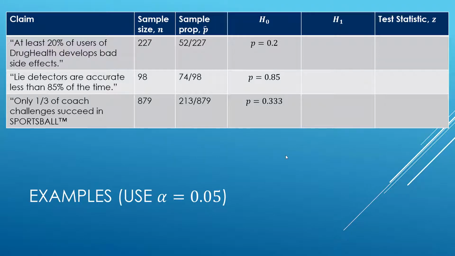Again, the null hypothesis and the alternate hypothesis don't care about the sample data. These hypotheses are based entirely on the claims you're trying to investigate. They should be independent of your actual sample data. And the null hypothesis is always an equation. It's always my proportion, or my mean, or my variance, or my standard deviation, right?